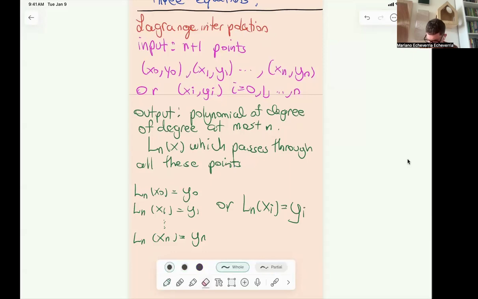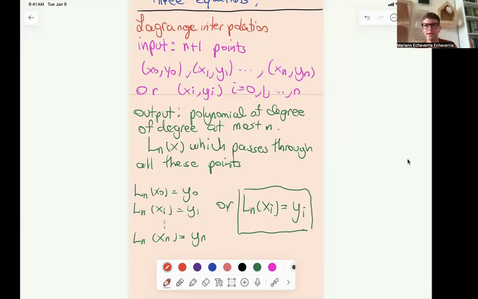That is the same thing. So if you give it the x coordinate of a point, it will return the corresponding y coordinate for that data point.